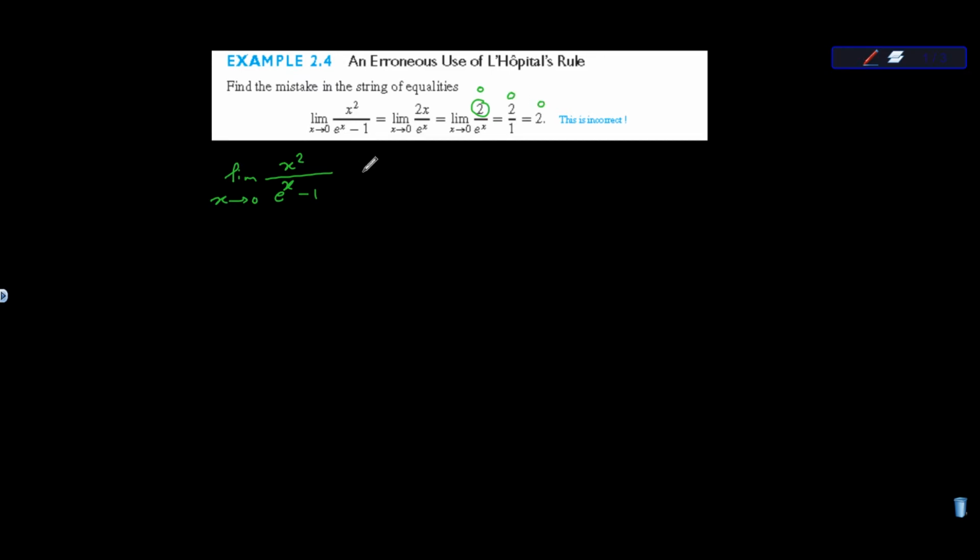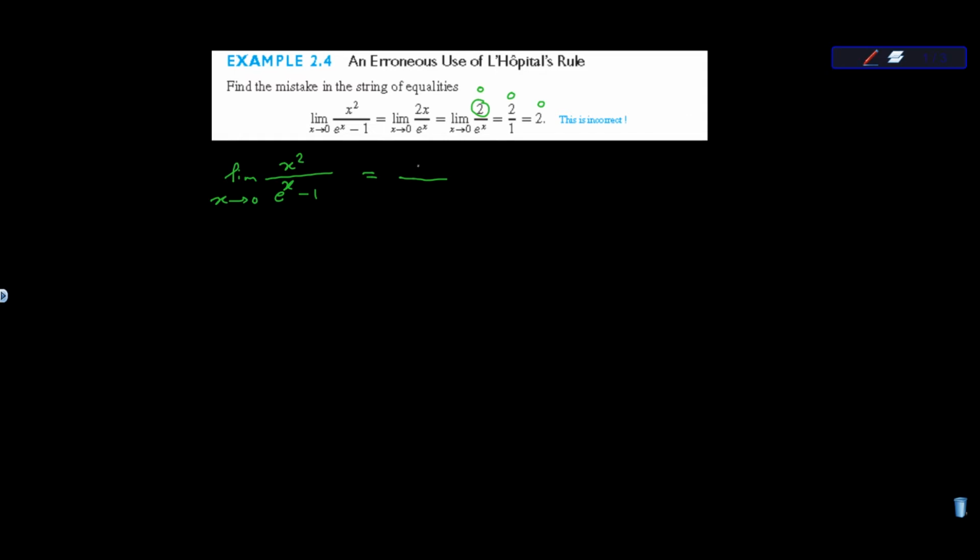Let me show you how to correct this mistake. The first step, before applying l'hôpital's rule, is to substitute. Substitute x by 0. This is to check if we can apply l'hôpital's rule or not.